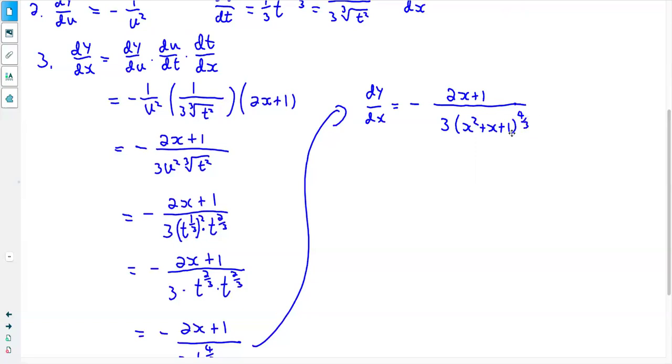Now, depending on if you are allowed to leave it as an exponent or not, this can also be written as negative 2x plus 1 over 3 times the cube root of x squared plus x plus 1 to the power of 4.